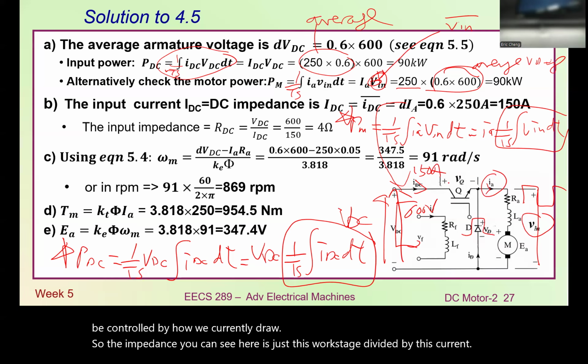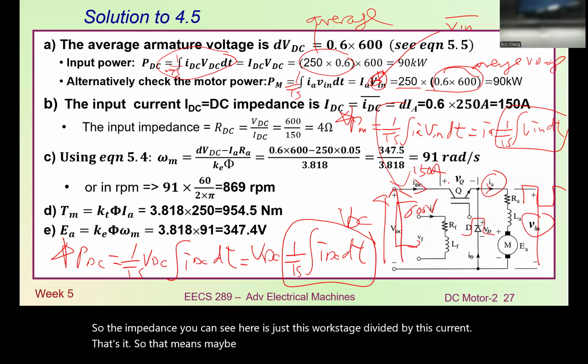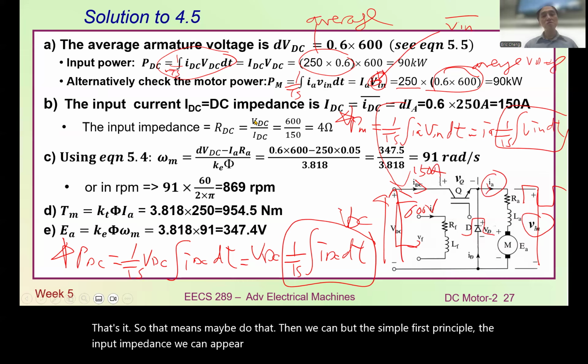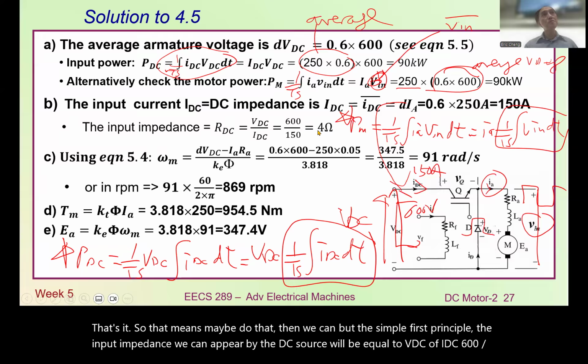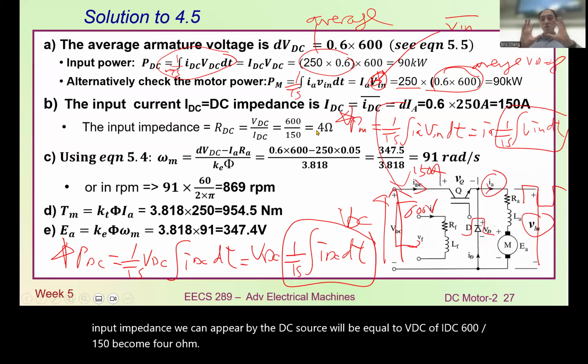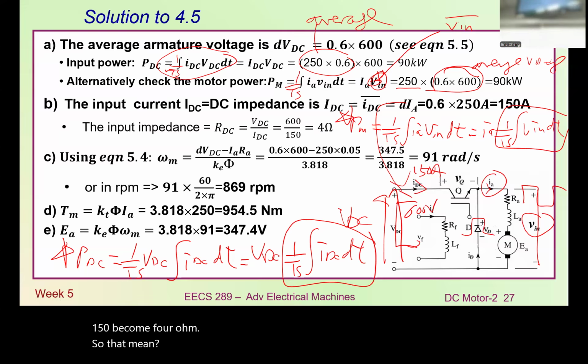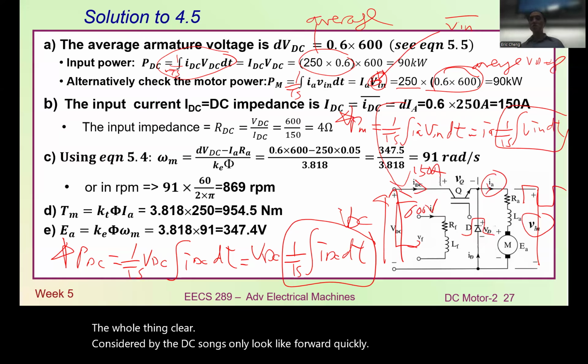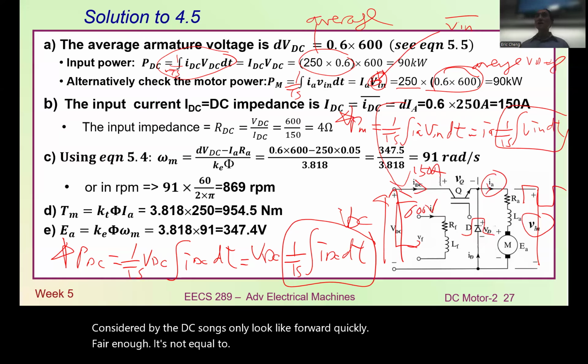That's it. By simple first principles, the input impedance seen by the DC source will be equal to VDC over IDC, 600 divided by 150, which becomes 4 ohm. So the whole thing here, as seen by the DC source, only looks like 4 ohm. Fair enough, it's not 250 amp current, but looks more like 150 amp current, giving 4 ohm.